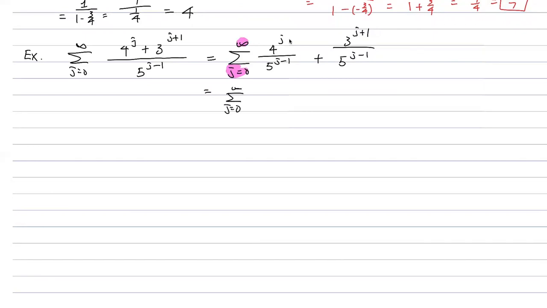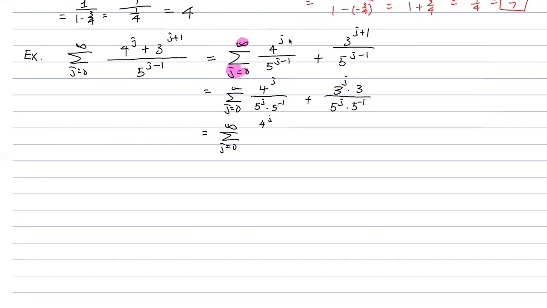Now I'm going to rewrite my 5 to the j minus 1 power as 5 to the j times 5 to the negative 1. Similarly for the 3 to the j plus 1, I'm going to write 3 to the j's power times 3, over 5 to the j times 5 to the negative 1. Then I simplify.